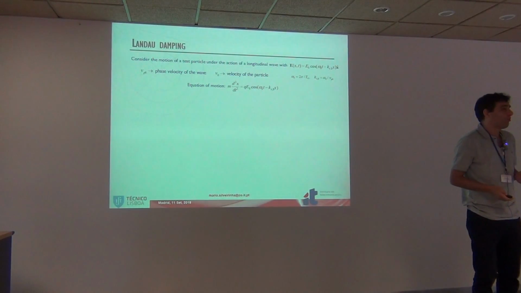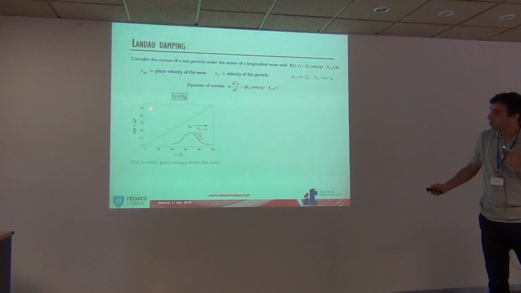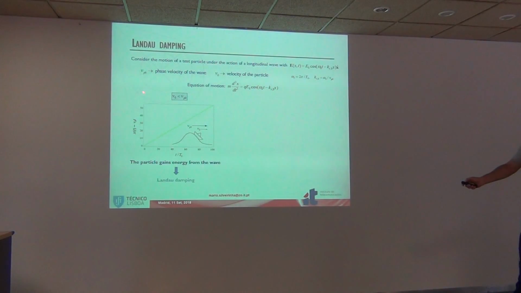Let me show you what happens if you have a drift velocity that is a little bit less than the phase velocity of the wave. In this case, you compute the position of the particle as a function of time, and then you subtract what would be the displacement without electric field, V0 multiplied by t.